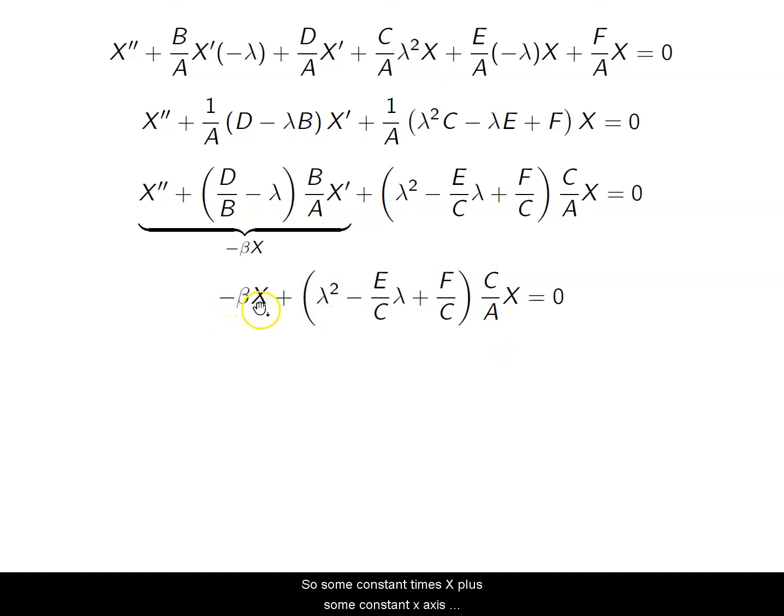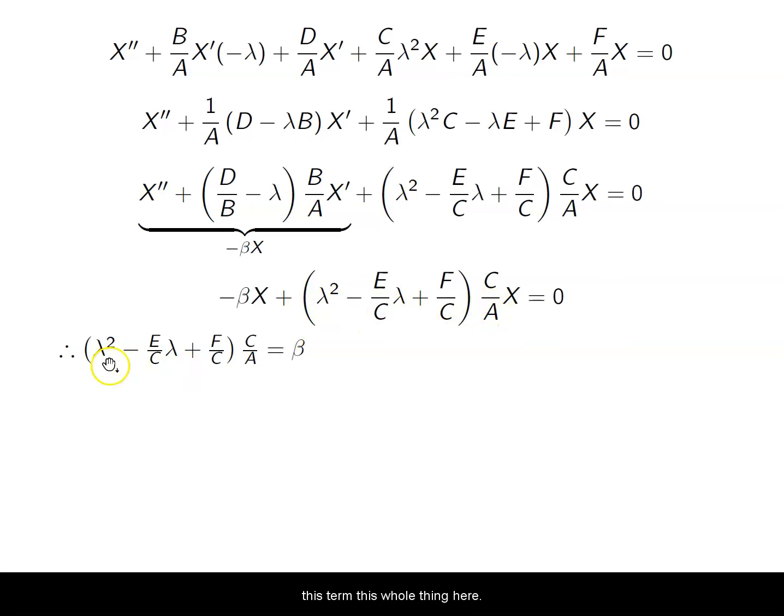So some constant times x plus some constant times x is 0. Well, I can then relate those two constants, right? If I were to even just move this over, I would have this constant times x equals beta times x. So beta is the same as this term. So this whole thing here equals beta.